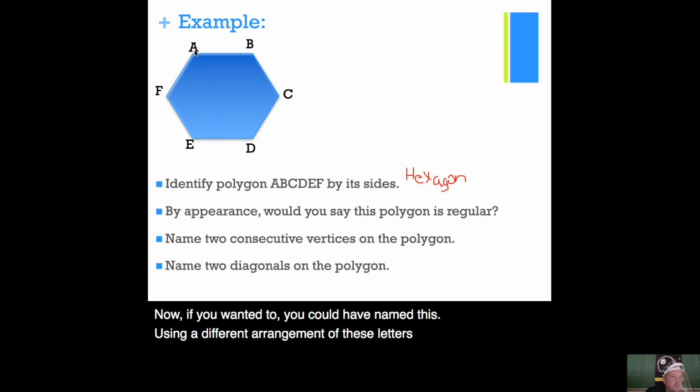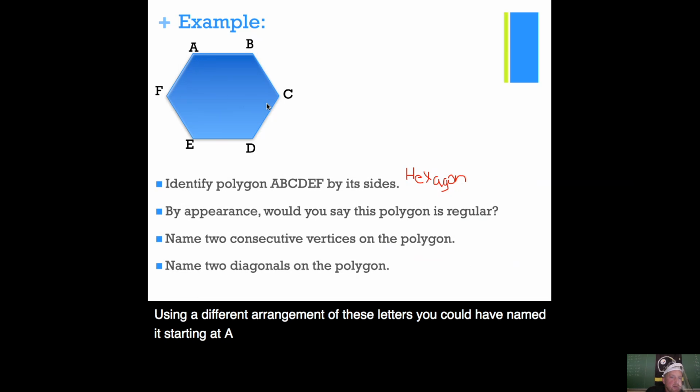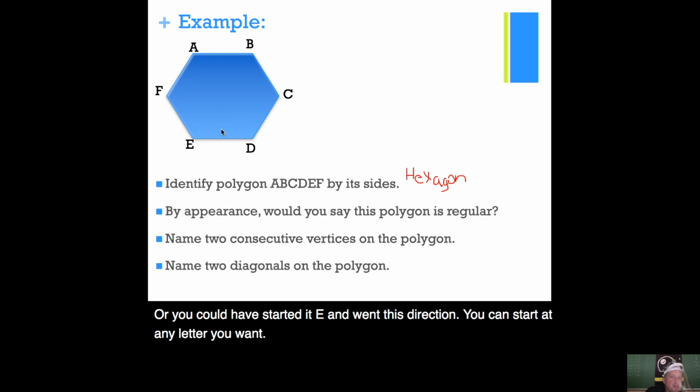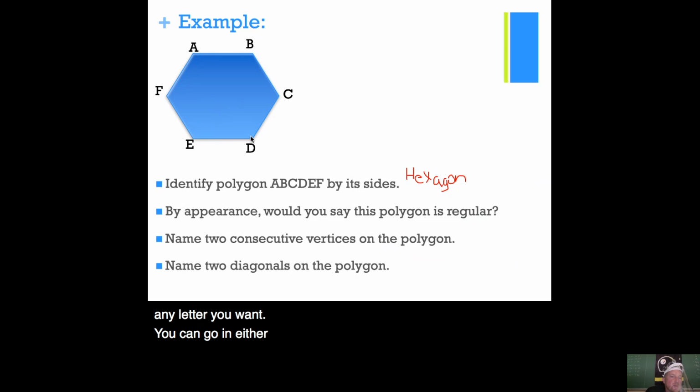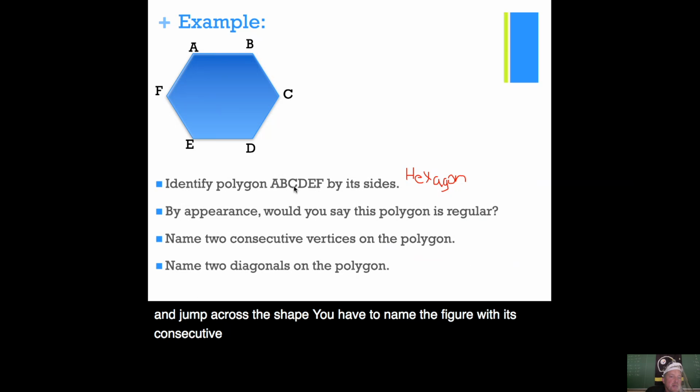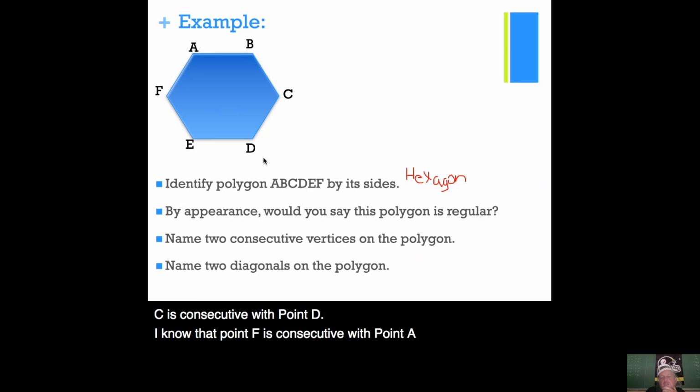You could have named it starting at A, going this direction. Or you could have started at E and went this direction. You can start at any letter you want. You can go in either direction, but what you can't do is start at point D and jump across the shape. You have to name the figure with its consecutive vertices. So I can look at this name and I know that point C is consecutive with point D. I know that point F is consecutive with point A, just by looking at the name, not the picture.